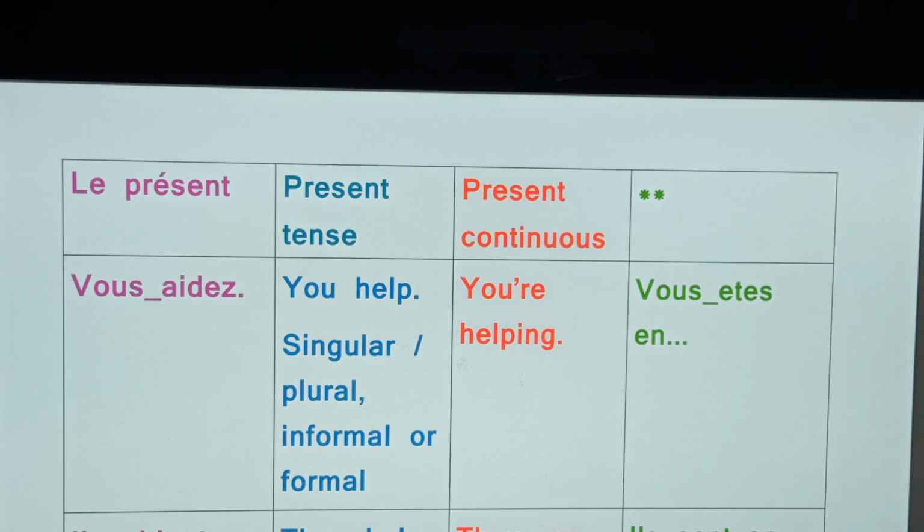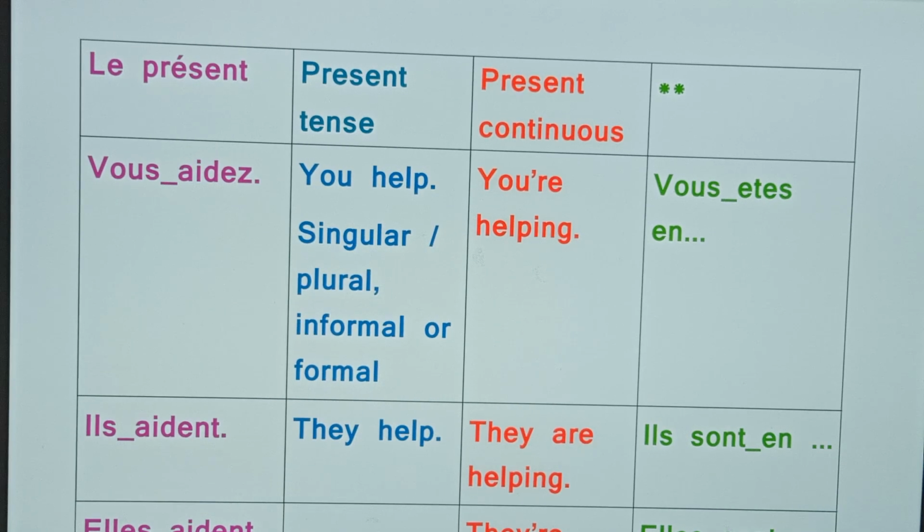And if you're going to do the plural in third person, we're just saying ils aident, okay? So you don't pronounce the ENT. Lots of letters are not being pronounced in French, okay? Ils aident, they help, they are helping.